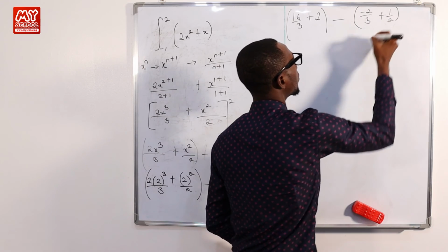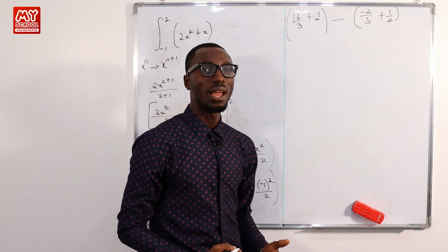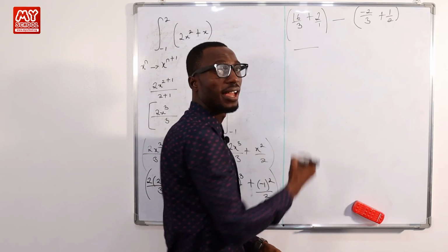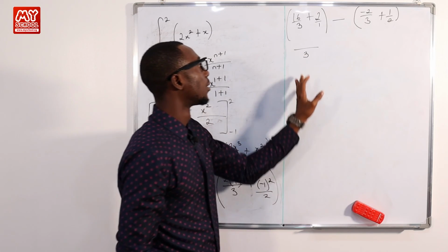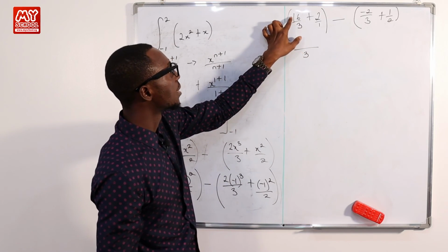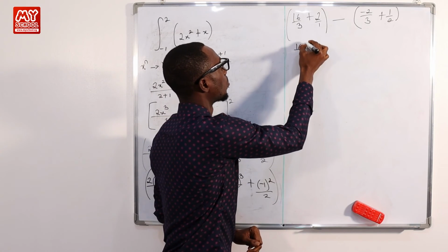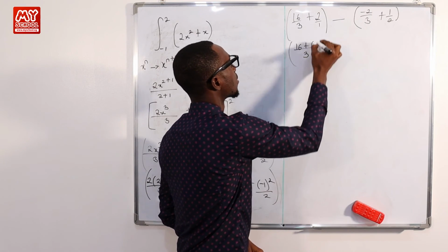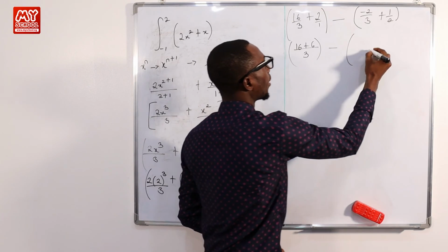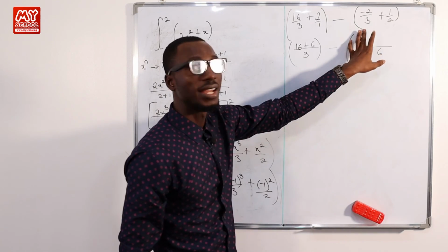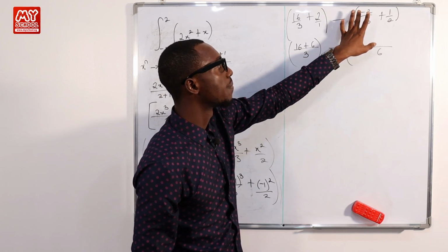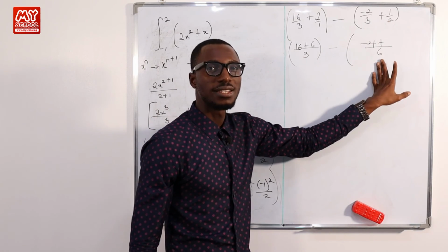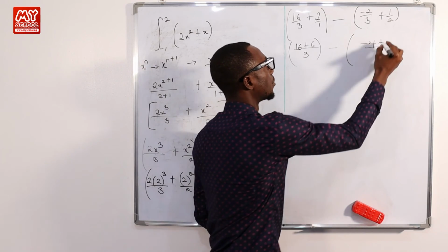So we have to find the LCM of each bracket. The LCM here is 3. 3 in 3, that's 1 times 16. We have 16 plus 3 times 2, we have 6. Minus, the LCM here is 6. 3 in 6, that's 2, times minus 2, we have minus 4, plus 2 in 6, that's 3, times 1, we have 3.